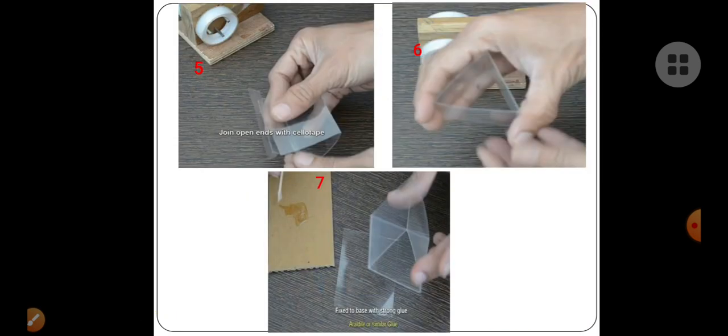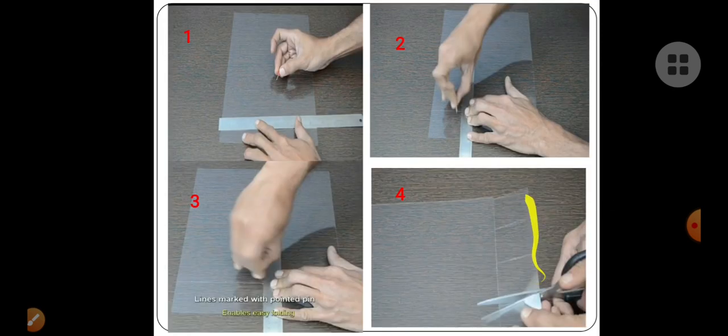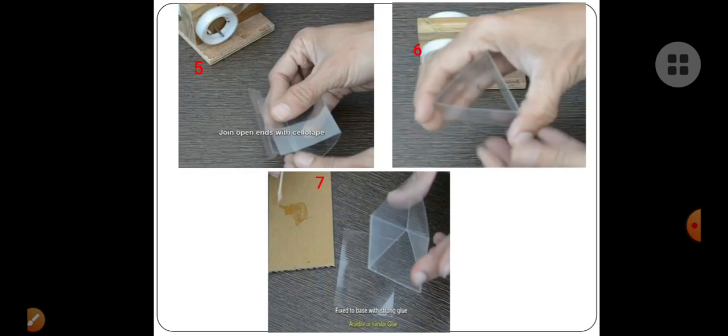Now in the next step, we'll fold it. These three portions should be folded, and we join these open ends with the help of sellotape. Then we get such a structure.